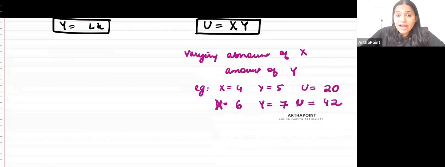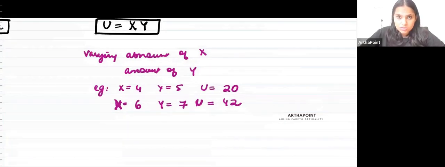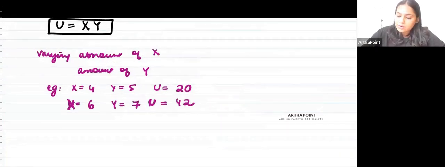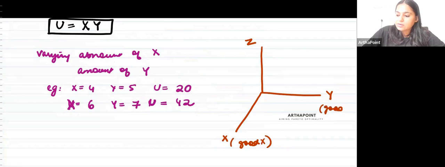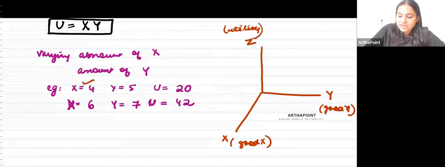So if I have to really plot this, this is what the diagram should look like. X-axis, Y-axis, Z-axis: good X, good Y, and my utility. So I consume 4X and 5Y: 1, 2, 3, 4, and 1, 2, 3, 4, 5.